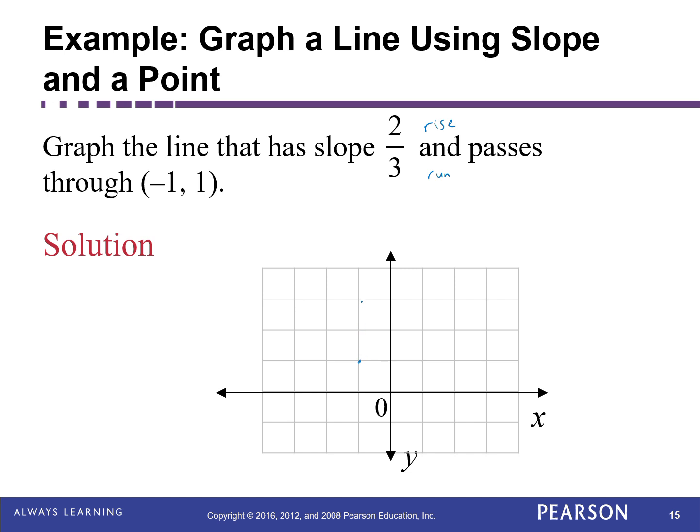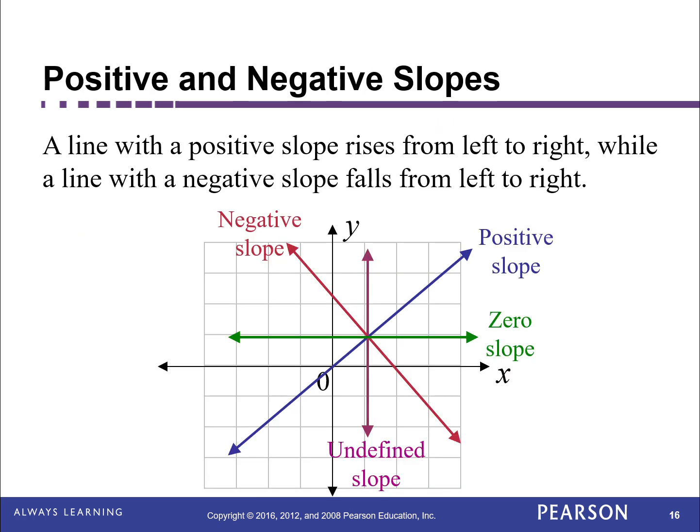So we rise 1, 2, and we run 1, 2, 3. Then we connect those 2 dots with a line. We have graphed the line that goes through negative 1, 1 and has a slope of 2/3.